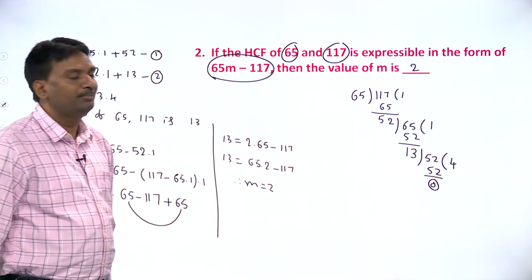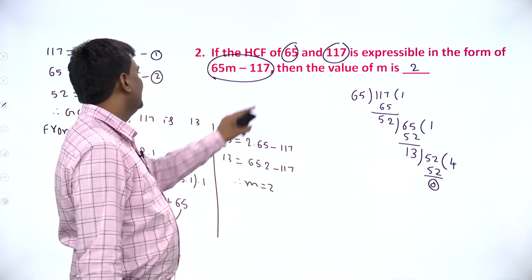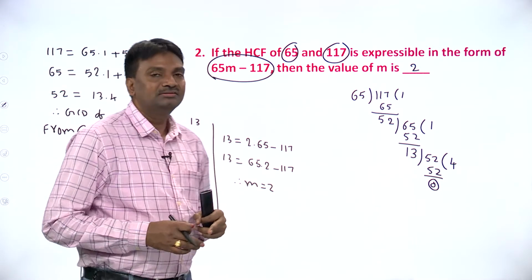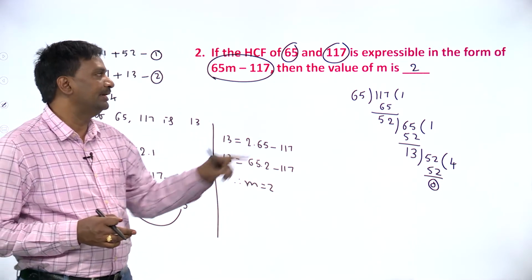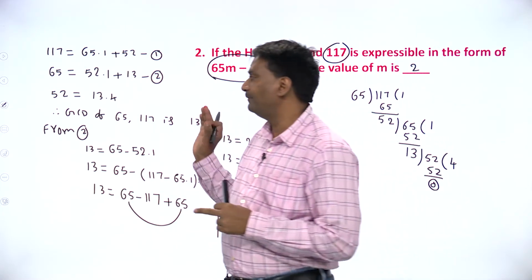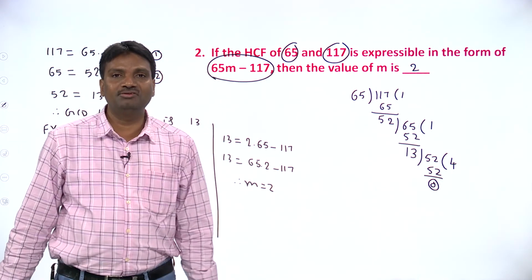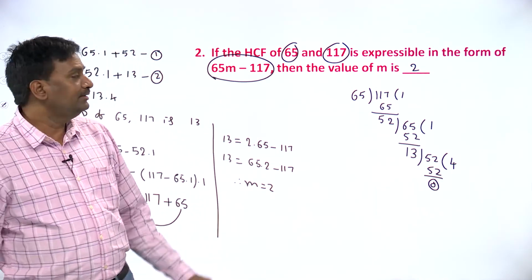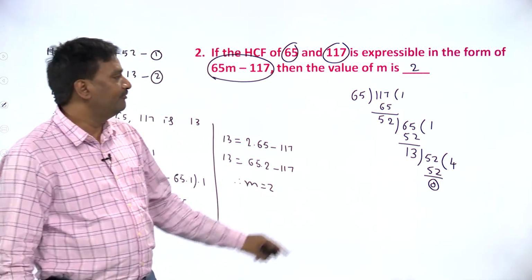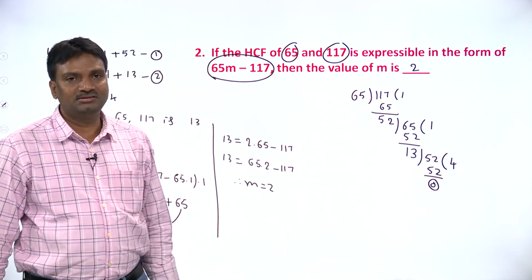Here we have the problem like this: if the HCF or GCD of 65 and 117 is expressible in the form of 65m minus 117, then the value of m is. First let us find the HCF of 65 and 117. We divide the greatest number 117 by the smallest number 65.